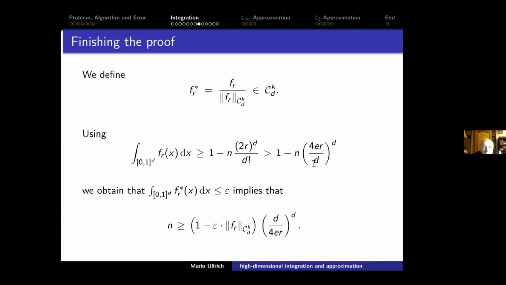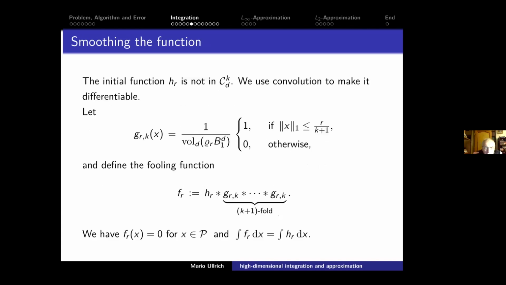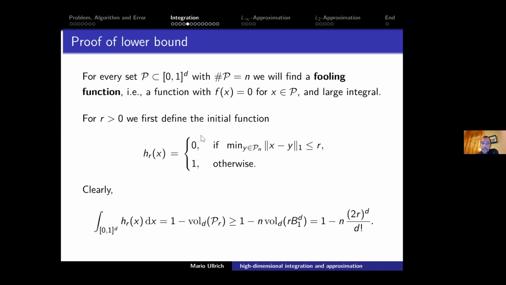Excuse me, and why does this function have 0 at every point? Maybe. So the original function, it would be a pleasure to draw it on the blackboard now, but I don't have a blackboard here. So you have a function which is 0 all around every point.